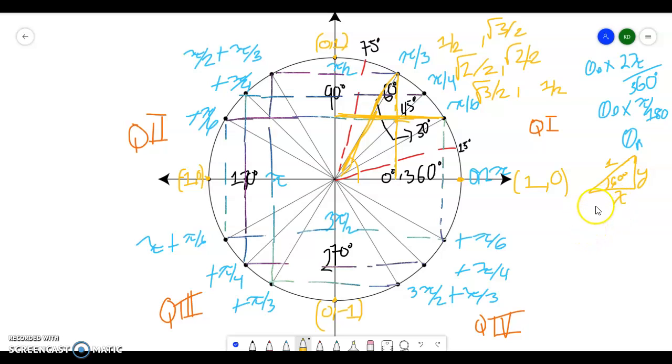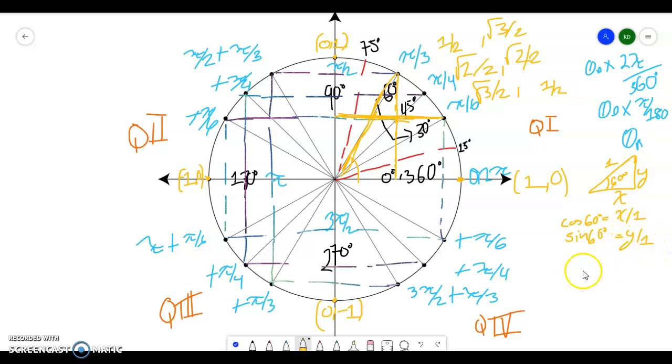So if I do cosine of 60, I get adjacent over hypotenuse, so that's x over 1. And if I do sine of 60, I get y over 1.